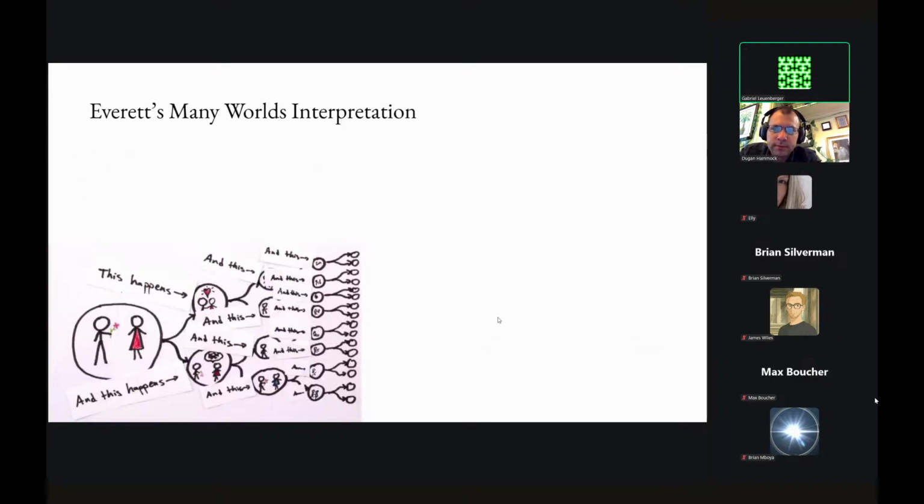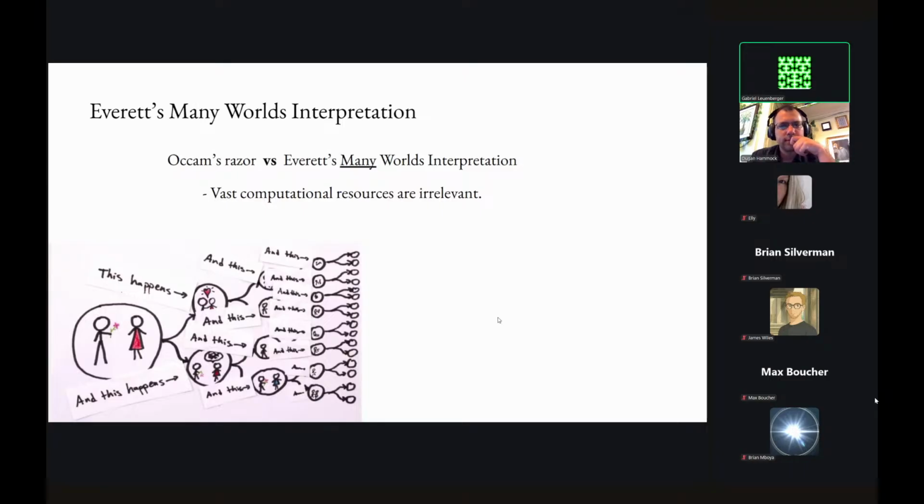Now there's the next question about physics, which is, does it contradict the many worlds interpretation? Because some people think that the many worlds interpretation is too crazy and it contradicts Occam's razor and all that. But what I'm telling you here is that there is no such problem, because what matters is not that it uses a huge amount of computational power.